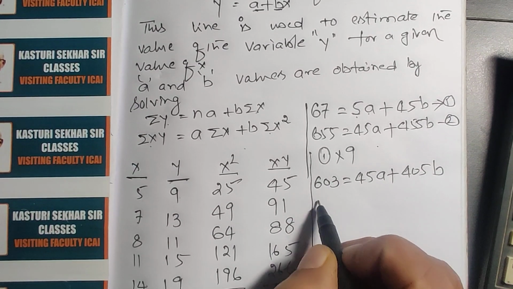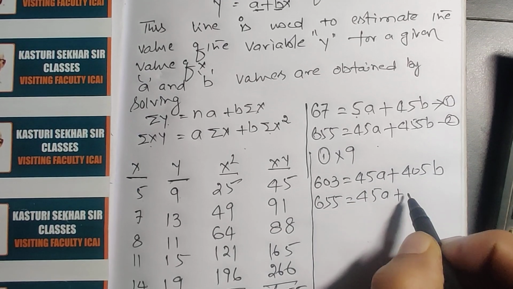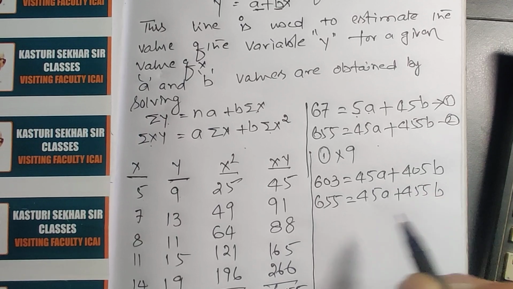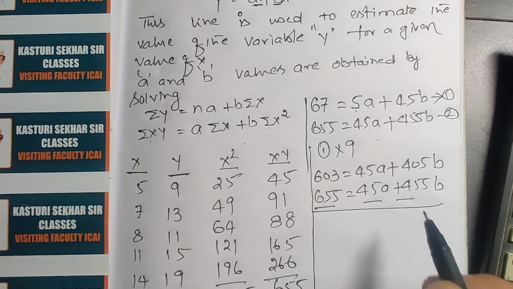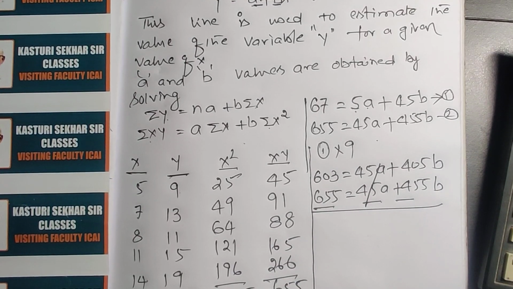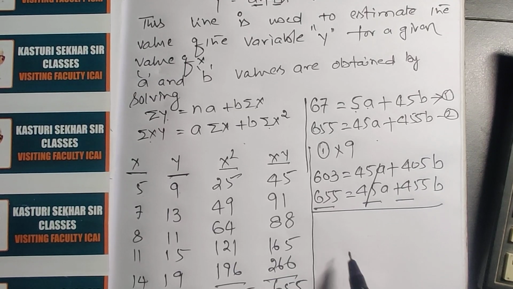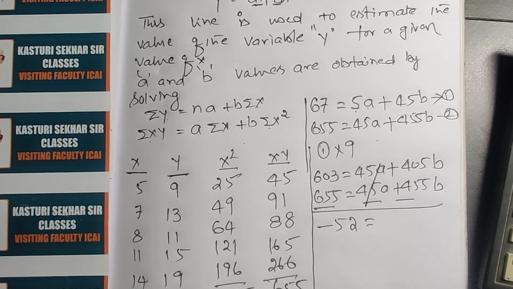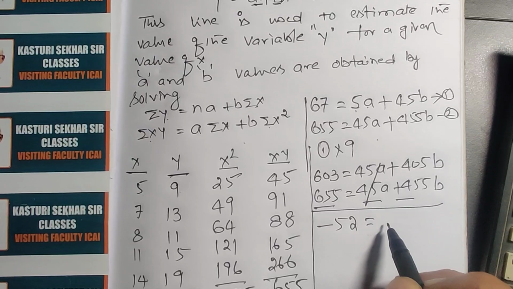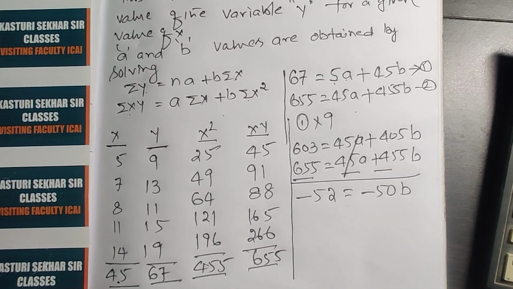Equation number 2, as it is I am writing: 655 is equal to 45 into A plus 455 into B. Let me subtract one from the other. Minus minus minus cancel. So this is 603 minus 655, minus 52, is equal to 405 minus 455, minus 50 into B. Minus you can cancel on both the sides.